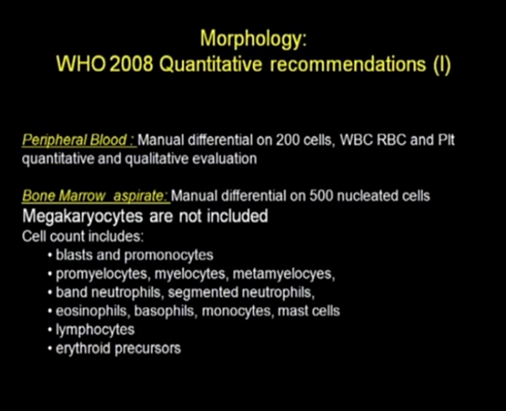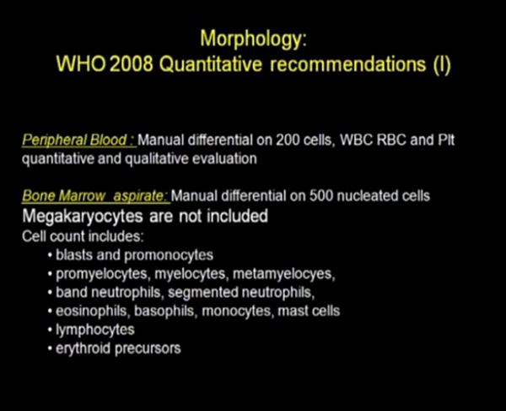In the new WHO classification, we have very detailed quantitative recommendations for performing the diagnostic pathway at the microscope. First of all, it is well underlined that in a diagnostic context, we should perform a differential on peripheral blood out of 200 cells.